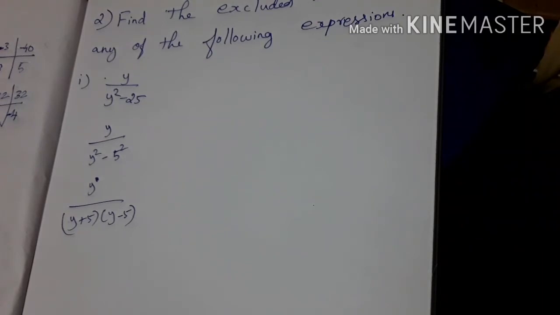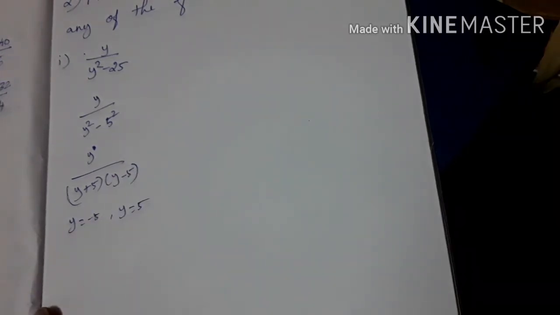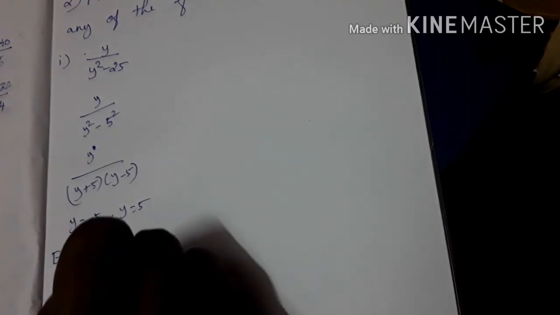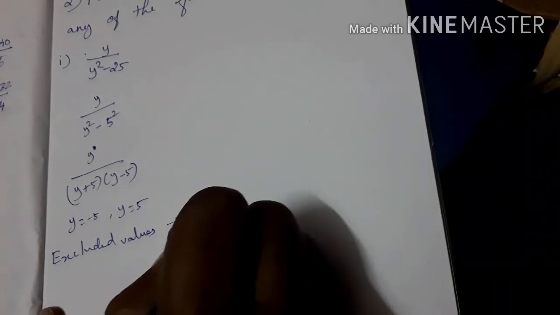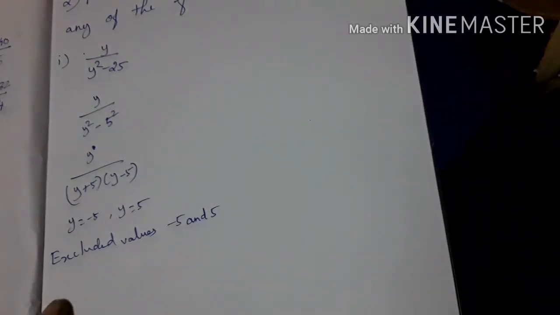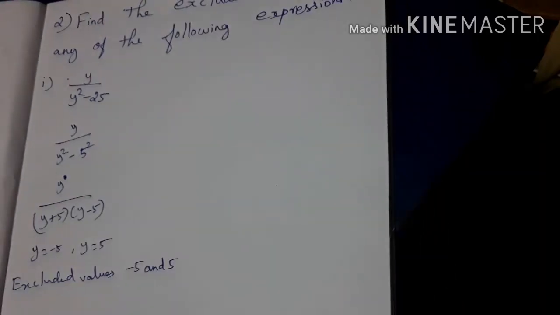Now we have to see what value makes it 0. There are two possibilities: y is equal to minus 5, and y is equal to plus 5. So our excluded values are minus 5 and plus 5. That's all.